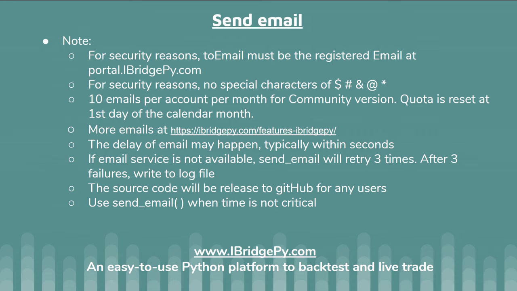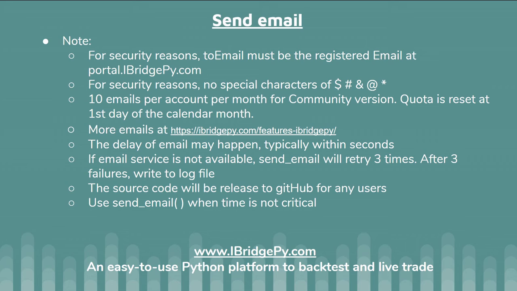If there is any error message, the service will tell what the problem is in the log file, in the error message. Send out email is actually a Python package, and the source code will be released to GitHub for any users to use it in any Python packages.